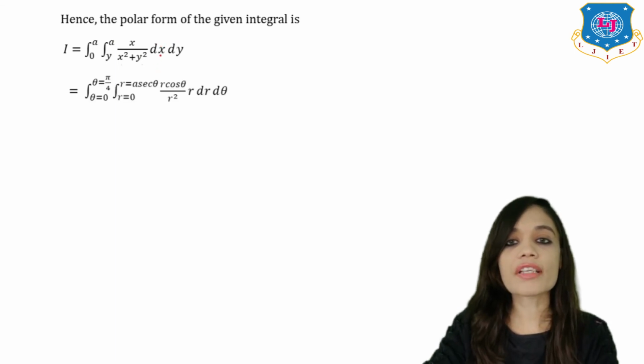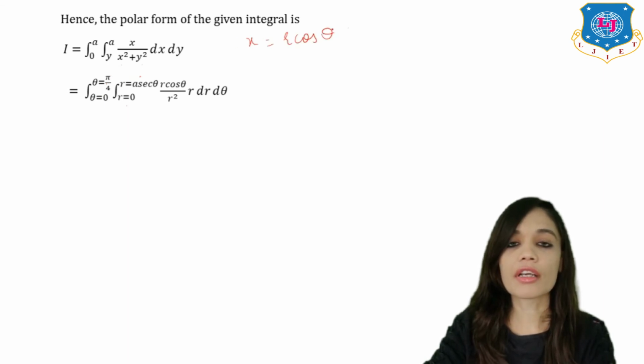So now let us change the limits and our given function. Firstly, our limits of r are 0 to a sec theta and the limits of theta are 0 to pi by 4, right?